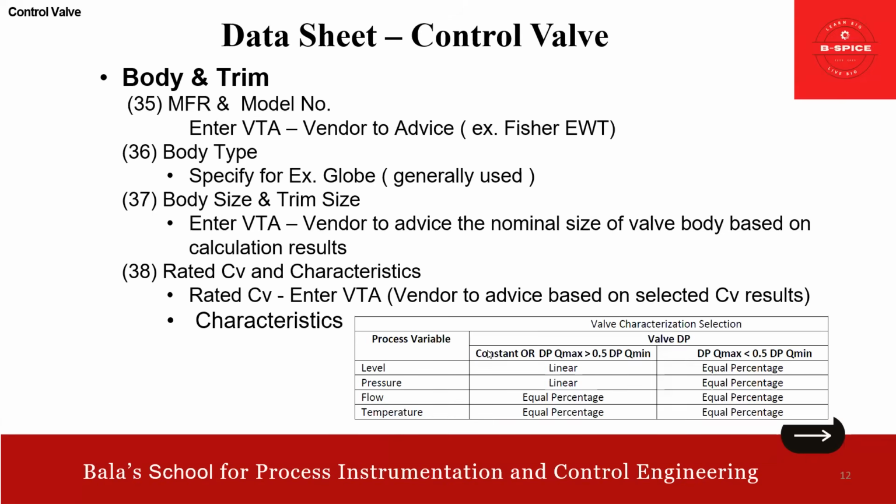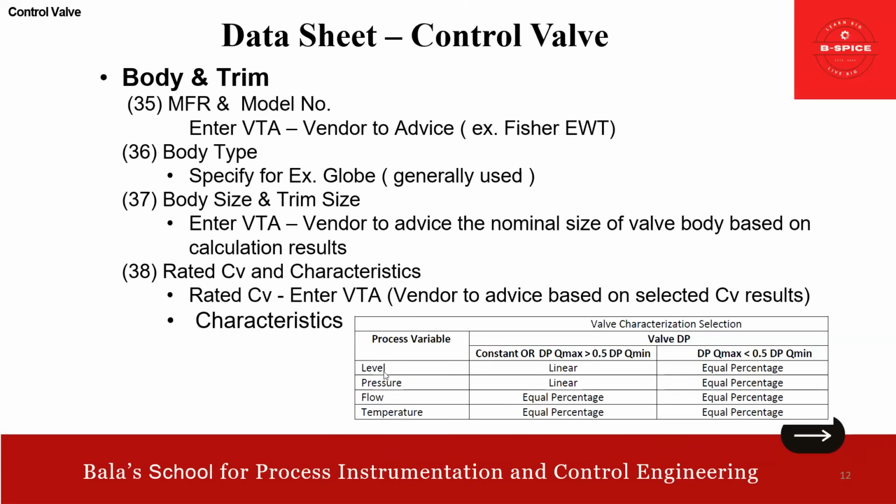Then remember this condition: dP at Q max greater than 0.5 of dP at Q minimum. What is dP? This is the pressure drop, so pressure drop at maximum flow versus 0.5 of pressure drop at minimum flow. Similarly, the other condition is pressure drop at maximum flow less than 0.5 of dP at Q minimum. Just remember these two conditions.